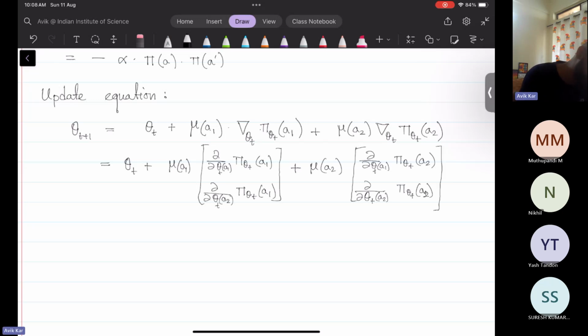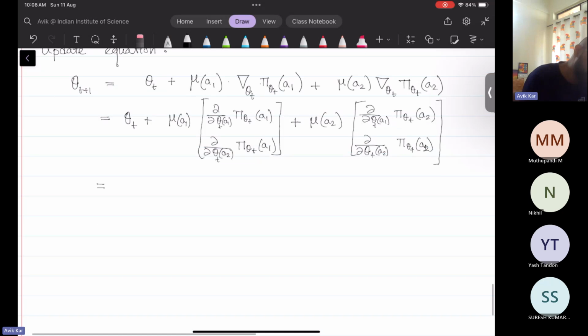Yeah. Now let us replace all these partial derivatives with what we have computed. Mu a1 times alpha pi theta t a1 times 1 minus pi theta t a1.